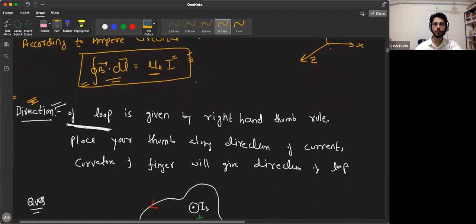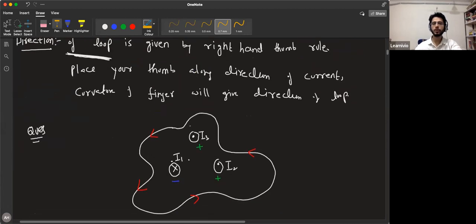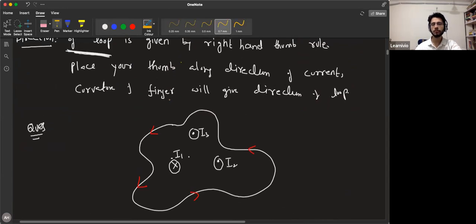We'll discuss it. So this is one question. This is a loop of some arbitrary shape. A few currents are passing through the loop, I1, I2, I3. Mehraj, what does this dot mean? Sir, the screen is not visible.